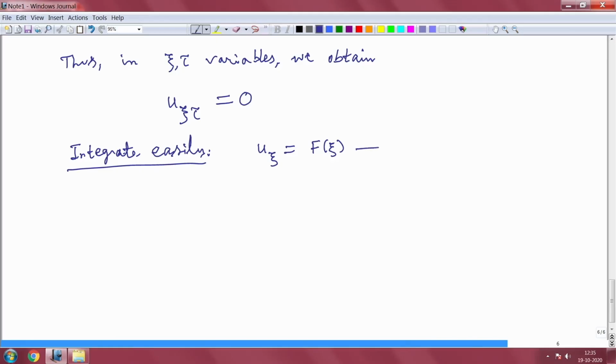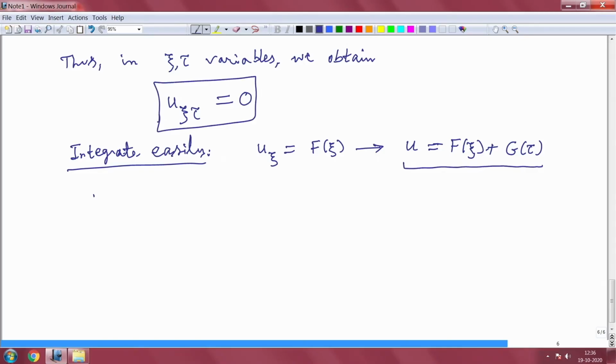So, u is equal to f of xi, again a different function because of this integration, plus g of tau. You can easily verify that if f and g are twice differentiable, any function of this form satisfies u xi tau equal to 0.